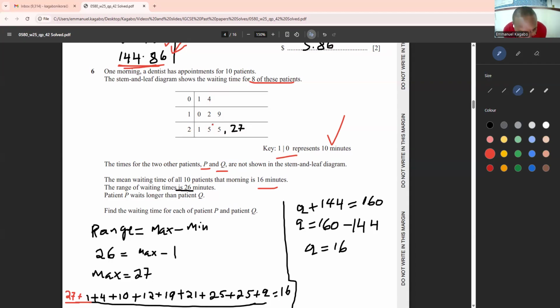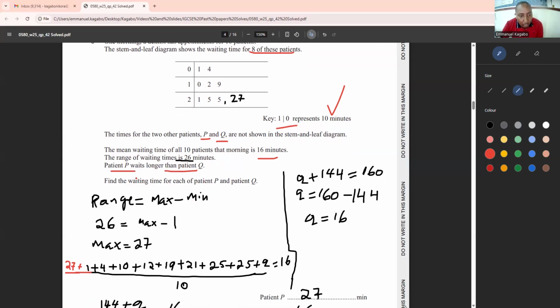Then the range of waiting time is 26 minutes. The patient P waits longer than patient Q, okay? That's one very important thing. P basically is bigger than Q. That's what they're saying. Find the waiting time for each of the patients P and Q.